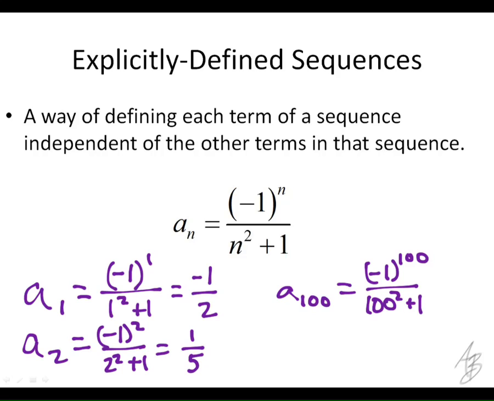So negative 1 to the 100th power, is that going to be positive 1 or negative 1? That's positive 1, so we're going to get 1 over 10,001. And that's going to be the 100th term. So this explicitly defined sequence is just a way of defining each term in the sequence independent of the others. We just plug in n, we get what that term is going to be.